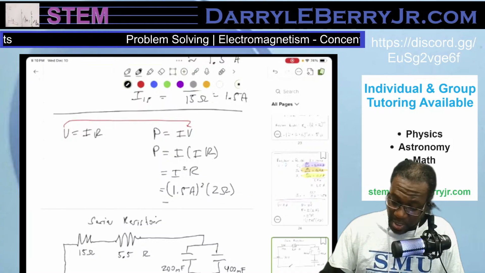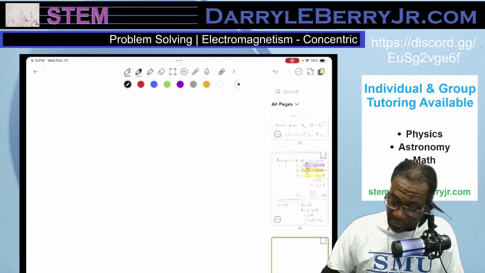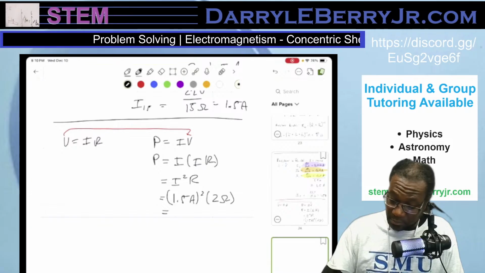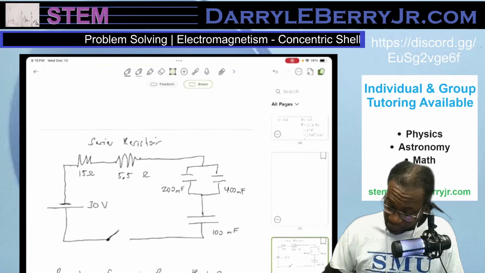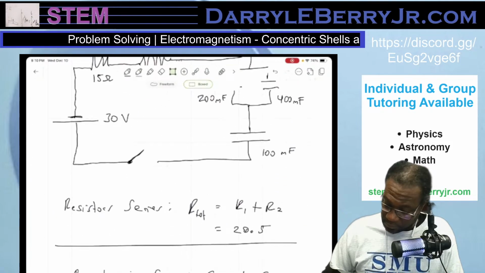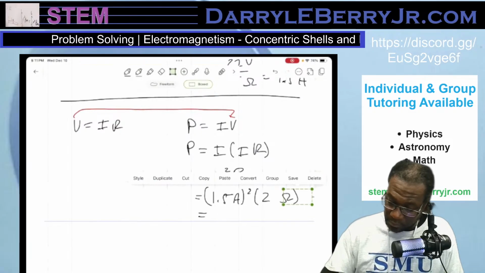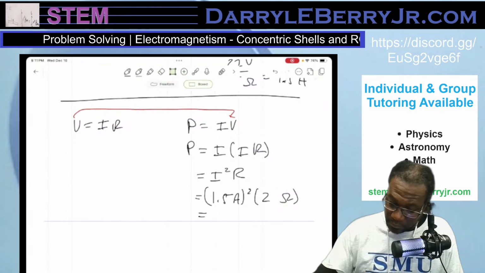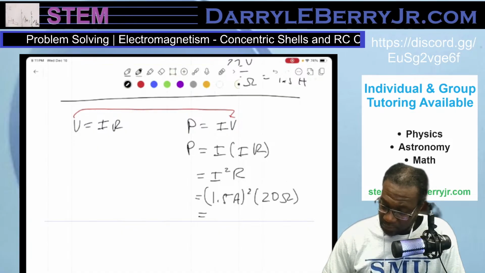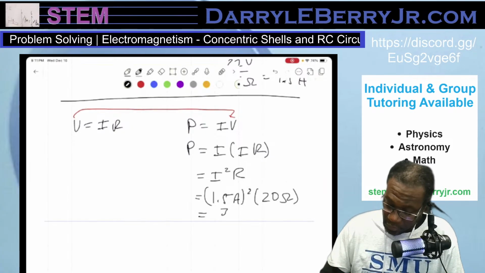So the power dissipated in the 20 ohm resistor is going to be, that'll be 15, should be 30. Looking at that right? 30 watts.